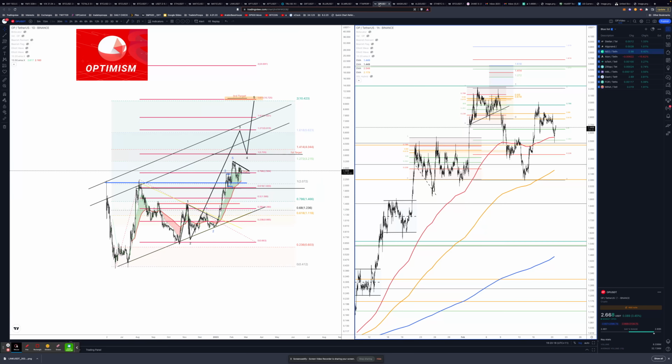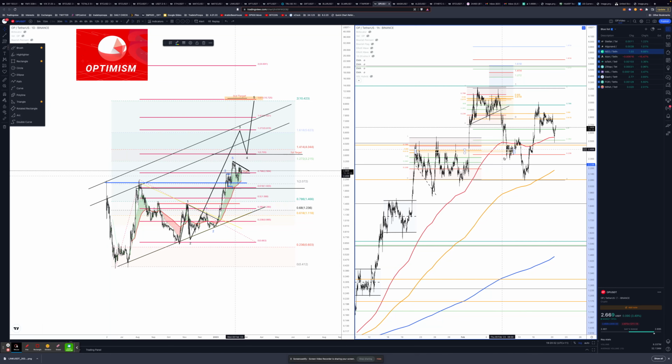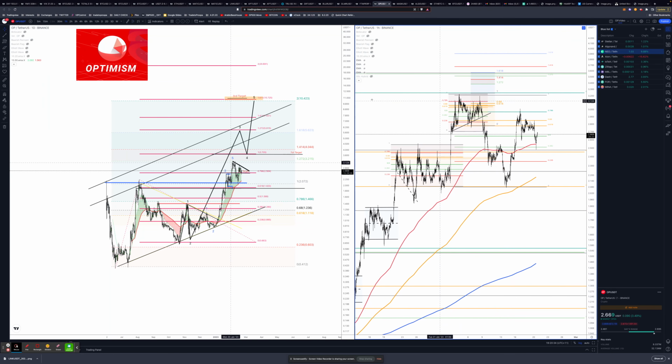FTM, okay, Optimism, very similar to Aptos. This one's a bit better because the bounce was strong. So we have our buying climax there, selling climax there.